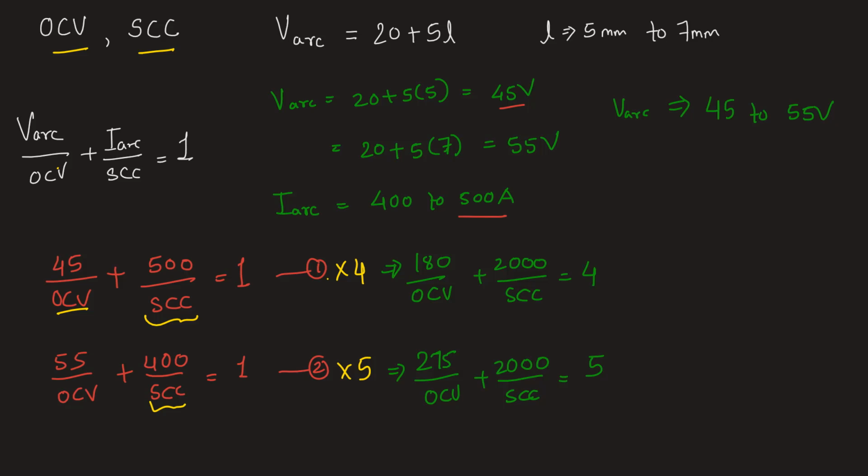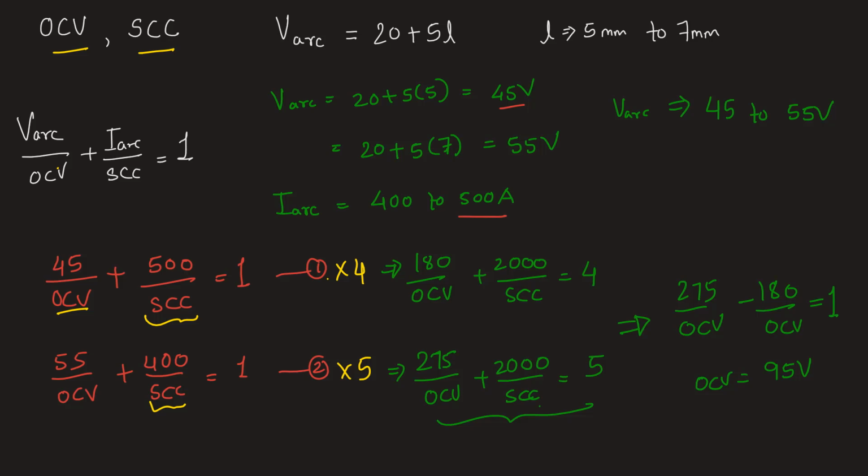Subtracting the first equation from the second, we have 275 by OCV minus 180 by OCV, the SCC terms give us 0, equal to 5 minus 4, that is 1. Now from here we get OCV equal to 275 minus 180, that is nothing but 95 volt.